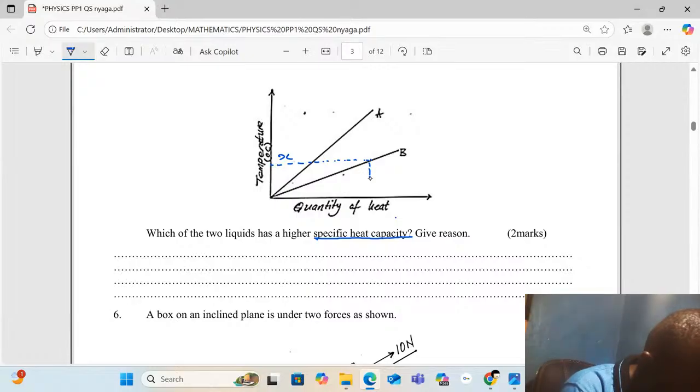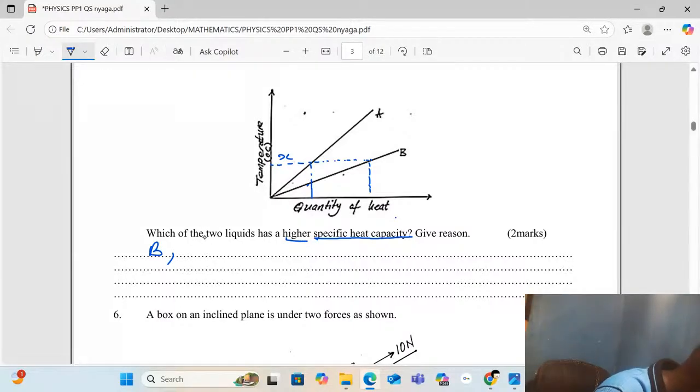So we have one like this, and the other one like this. You will find that in A, to raise that temperature to X, you require very little amount of heat. But when it comes to B, you require a lot of heat energy to raise the same temperature. Therefore, we can conclude that B is the one with higher specific heat capacity.